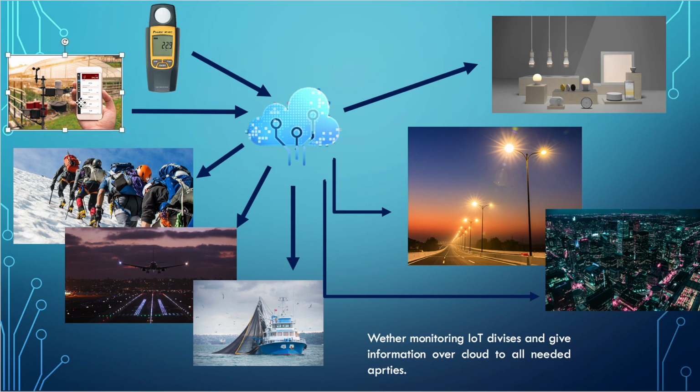So all these IoT devices are there to monitor the environment. It could be sunlight, it could be the temperature, it could be the humidity, it could be the wind speed, it could be anything which affects the weather itself.